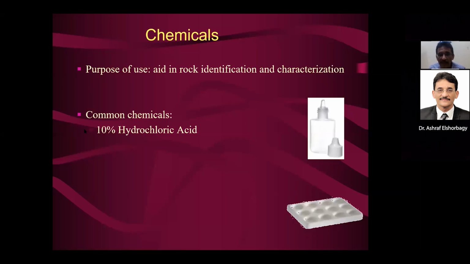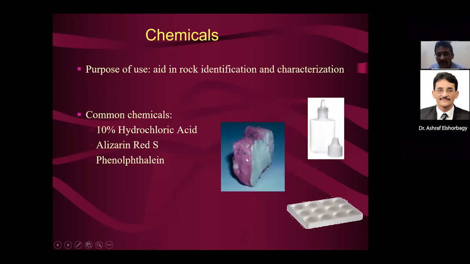Also, we have what's called alizarin S. This chemical is used to identify limestone. We have phenolphthalein, used for what? After we finish casing and start drilling the hole, sometimes we have some cement in the cuttings, and so we can use phenolphthalein to check the cement.